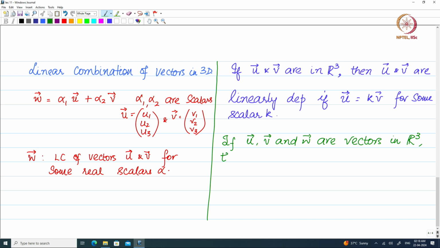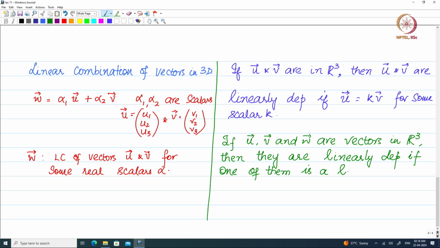then they are linearly dependent if one of them is a linear combination of the other two.